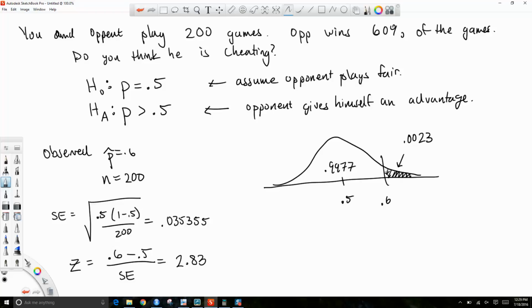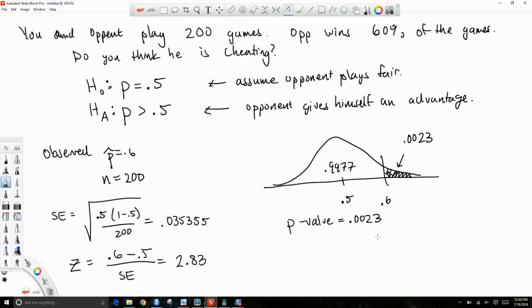All right, so my p-value is 0.0023. Does that seem small to you? Yes. Okay, if we were to use the arbitrary line of 5% as what's big and what's small, this is definitely smaller than that.